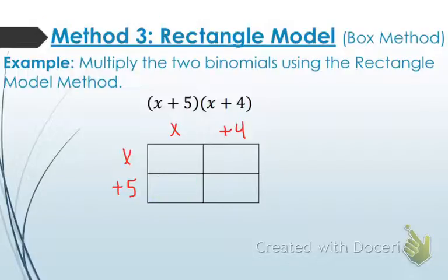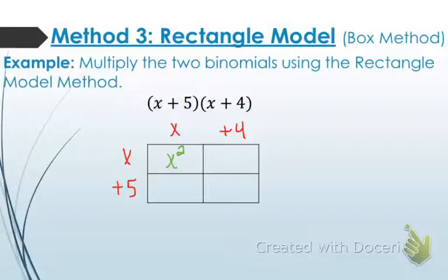To do that, we're going to pay attention to the dimensions that are to the left and up above. So we're going to start with the first rectangle. Here we have x times x. Properties of exponents, x squared.